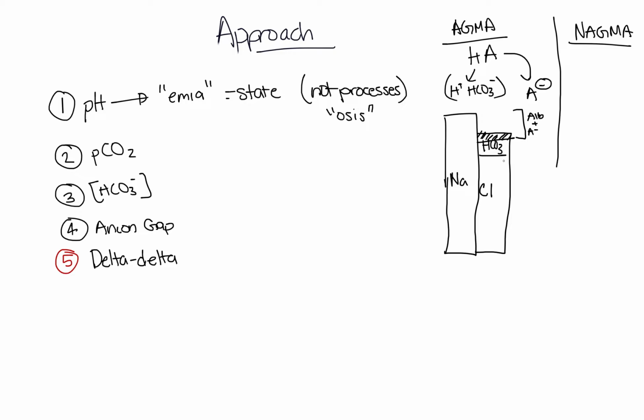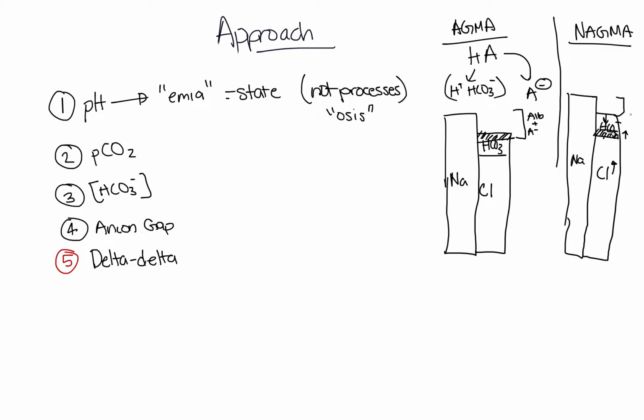In these situations, rather than the anion gap enlarging, you actually have an increase in your chloride and a decrease in your bicarbonate, meaning that you're shifting this bar upwards a little bit.